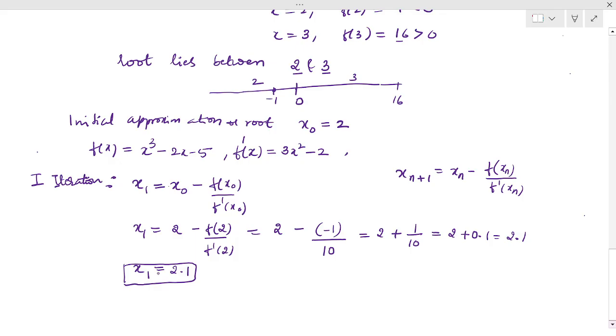Now we'll go for the second iteration. What is the second iteration? We substitute n is equal to 1 here. You will get x2 is equal to x1 minus f of x1 divided by f dash of x1.